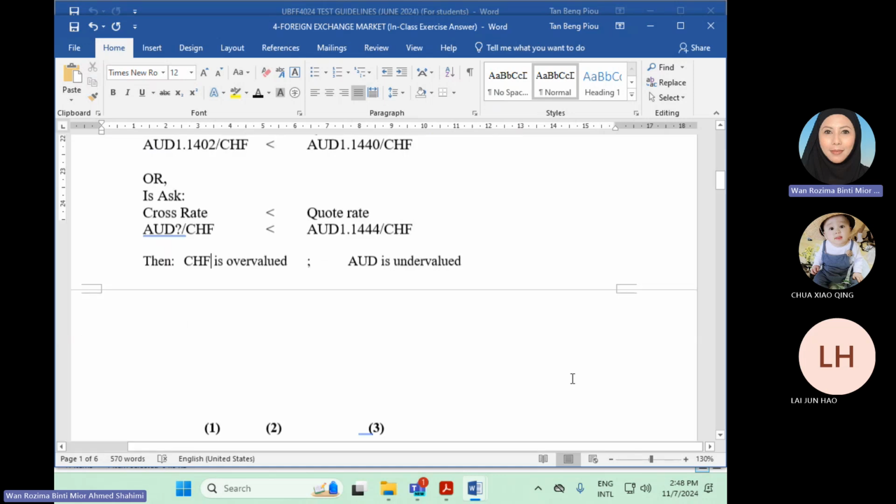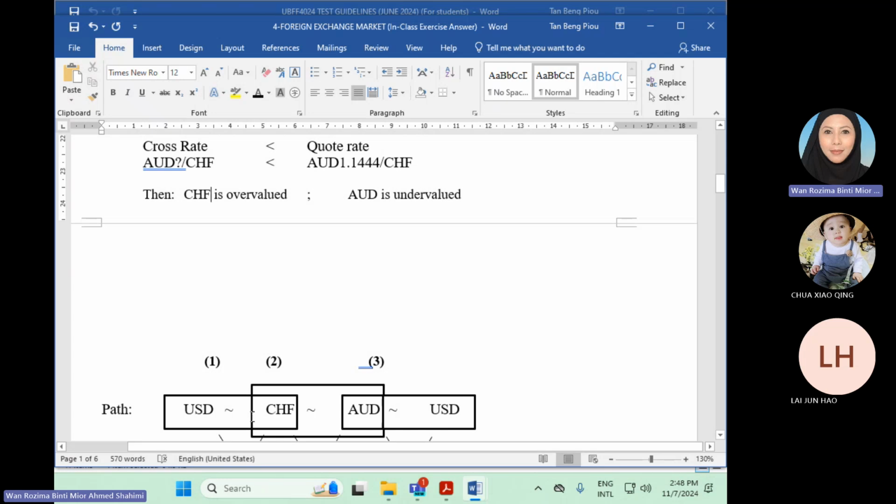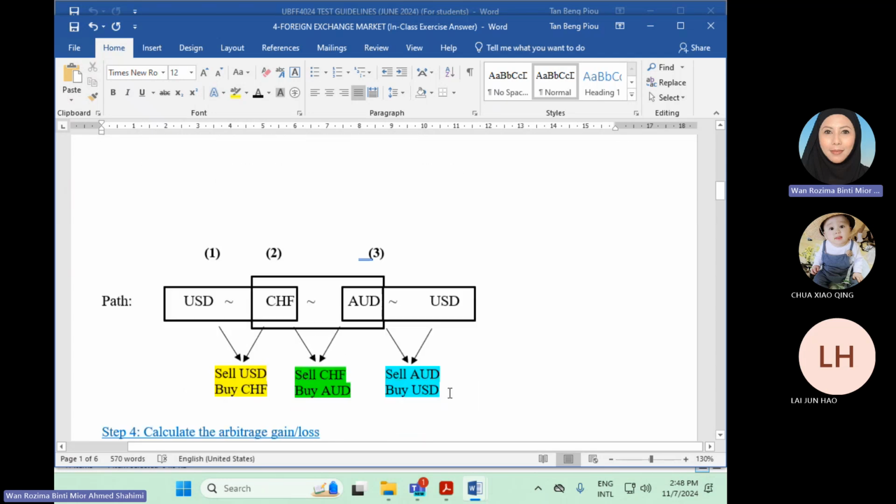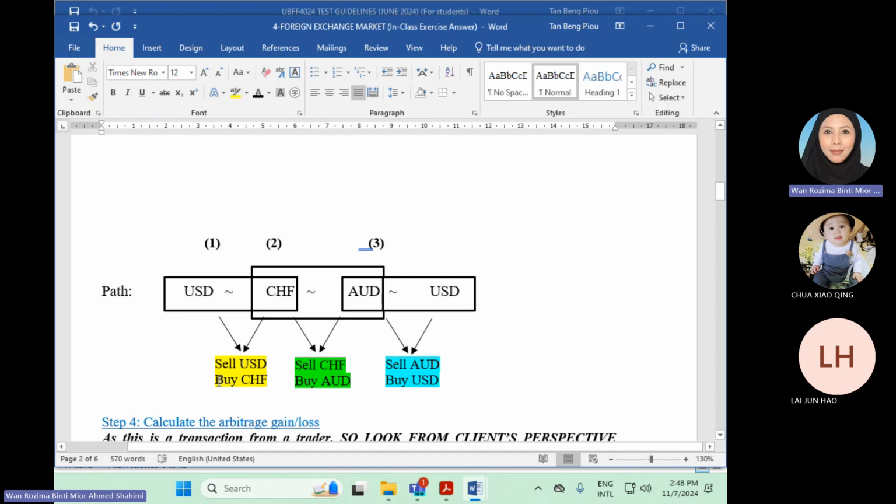Very good. So this is the path. Meaning to say, sell USD, buy Swiss franc, sell Swiss franc, buy Aussie dollar, and then the last one, sell Aussie dollar and buy back the USD.